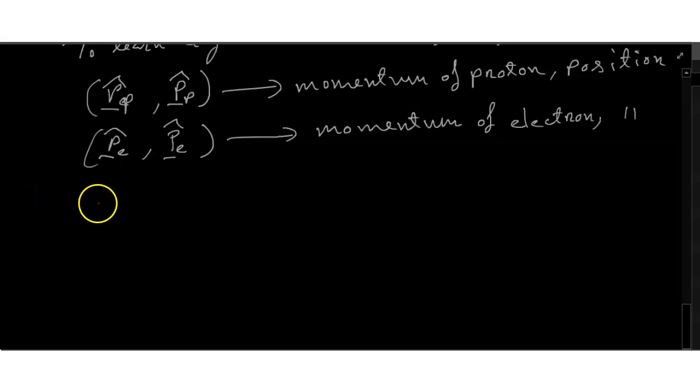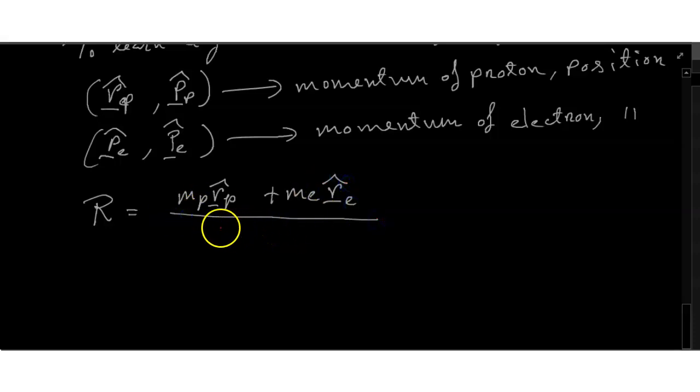So capital R equals mp rp plus me re divided by mp plus me.